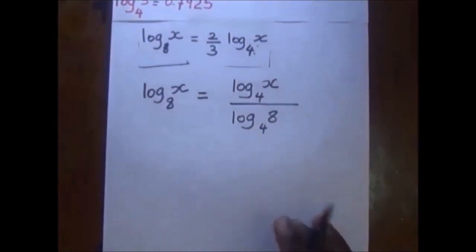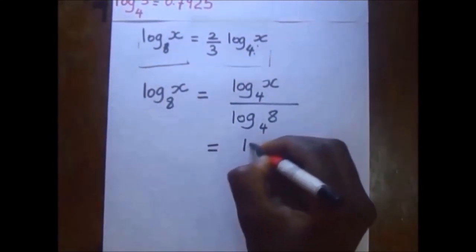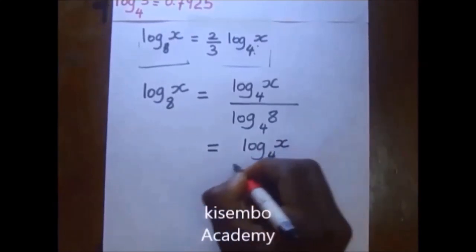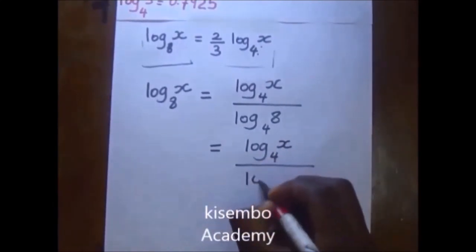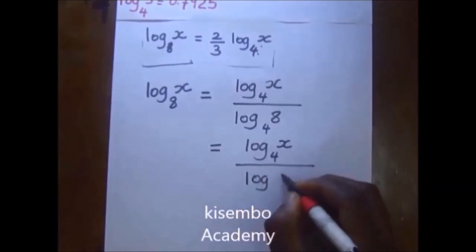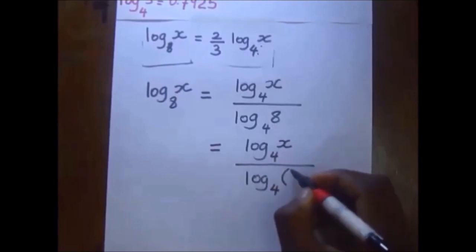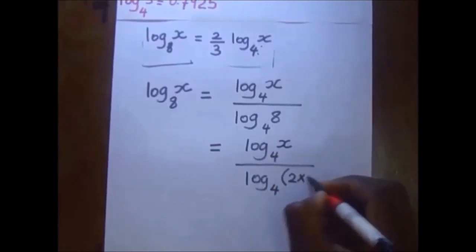So if we continue with our calculation, that will be equal to log of x base 4, divided by log base 4 of, now 8 here is as Emma is saying, 2 times 4.